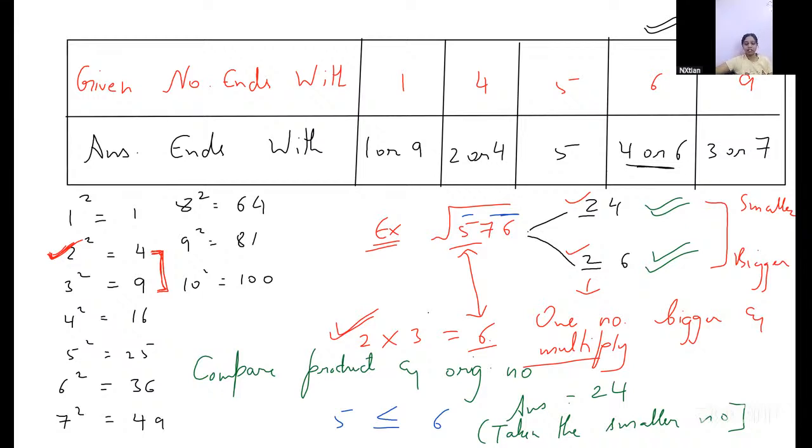Ma'am, what if the product is the same as the number? Haven't really come across a case like that, and I think chances are less that the product will be the same as your original number.